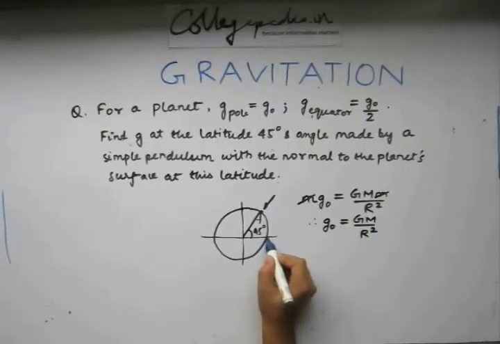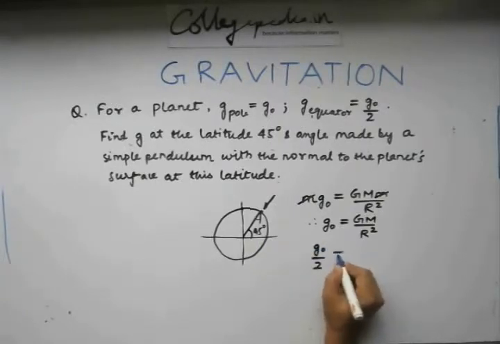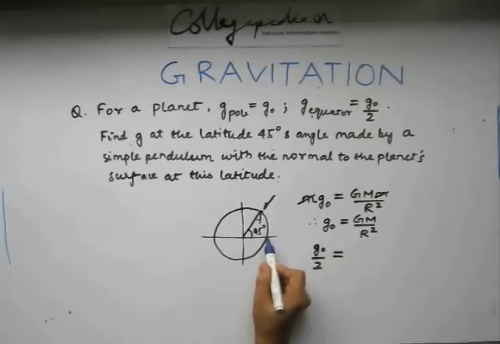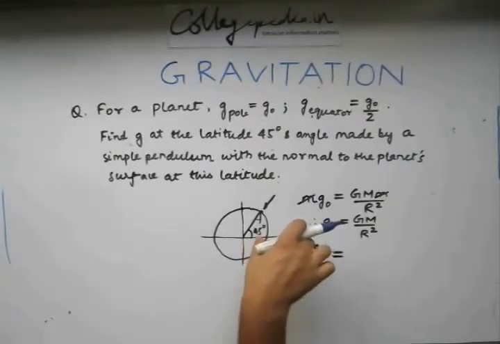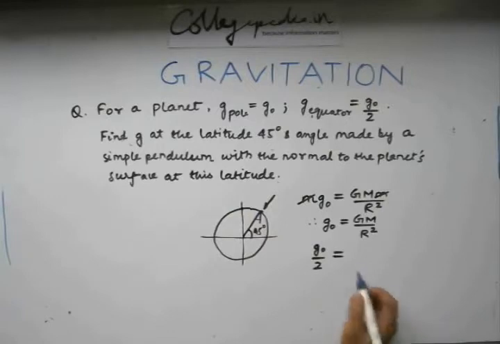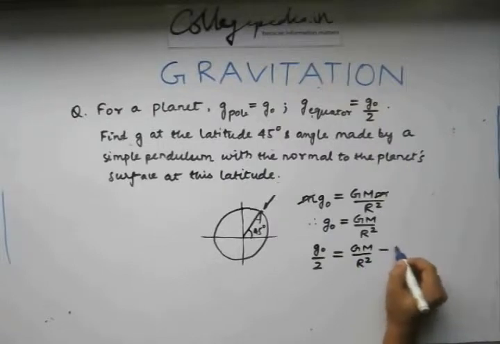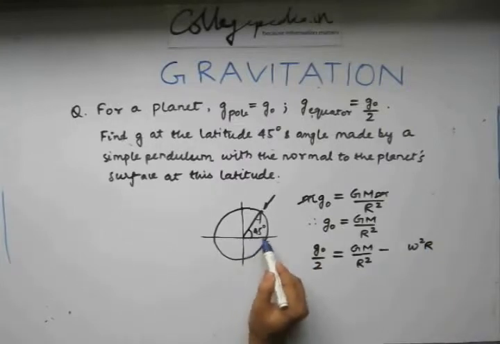The g which is given here, that is the g at the equator, given as g naught by 2, is nothing but the forces which balance off in this direction. Note that here we will be having forces only in the horizontal direction. There is no resolution of the component of the centrifugal force in any of the other directions. So this is going to be simply GM by R square minus omega square R. There won't be any m, and this is going to be directly R because it is right at the radius of Earth.